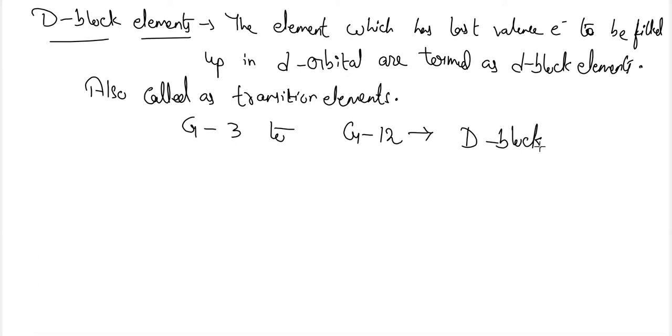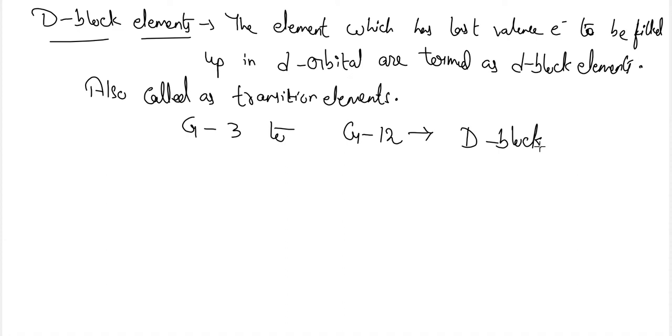Here we will see that the highly reactive S block elements and the less reactive group 13 and 14 metals form a bridge, and therefore they are termed as transition elements.